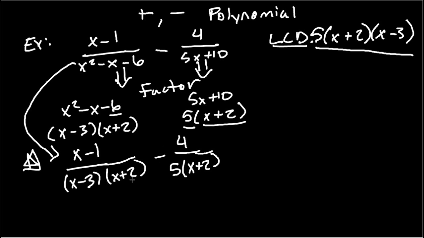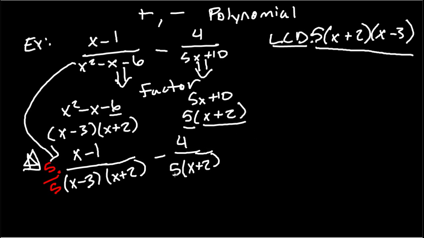So, just like we did in the last part, what do we need to multiply this denominator by to get to our LCD? Well, if we look, x minus 3 and we've got an x minus 3, so we don't need to multiply that by anything. x plus 2 and x plus 2, well, we've got that covered. The only thing we're missing is a 5. So we have to multiply over here the top and the bottom by 5.